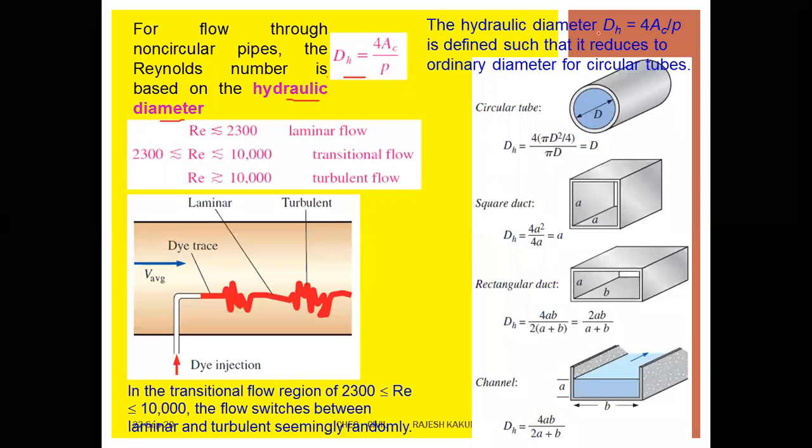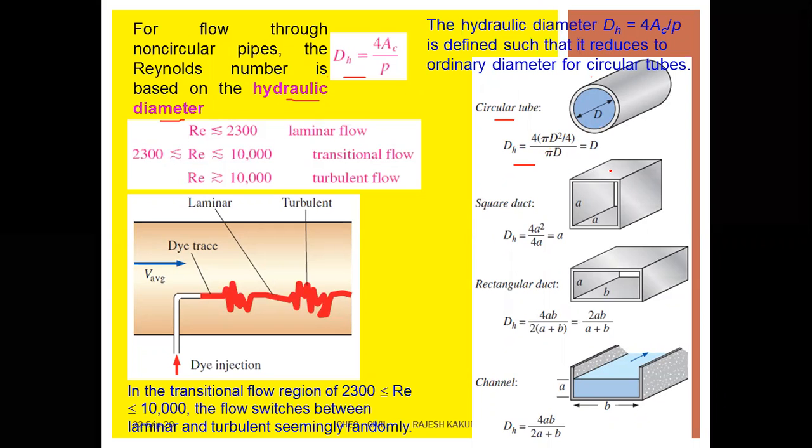The hydraulic diameter DH is equal to 4 into Ac by P, which reduces to the ordinary diameter for a circular tube. For a circular tube with diameter D, what is the hydraulic diameter DH? DH is equal to 4 into pi D square by 4 divided by pi D. That is equal to D. So D anedi ee vidhamga manamu DH we have to find out.